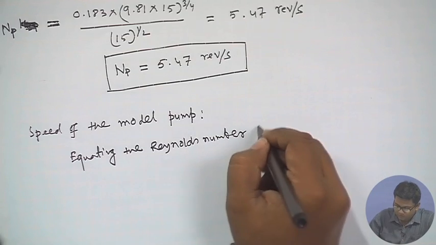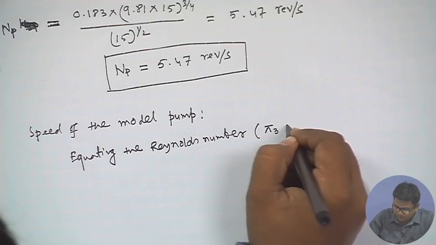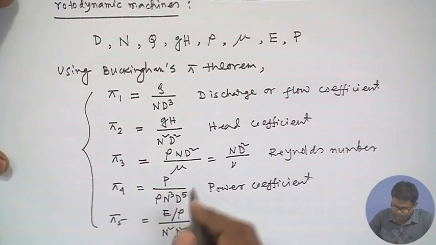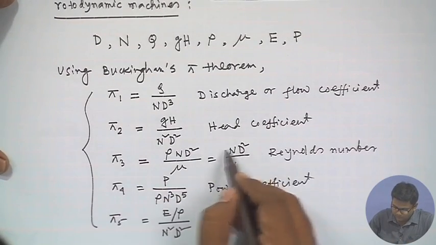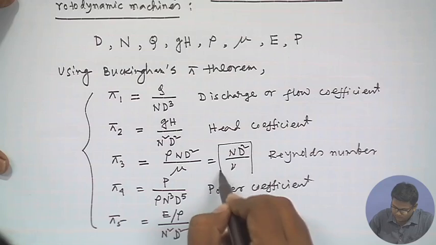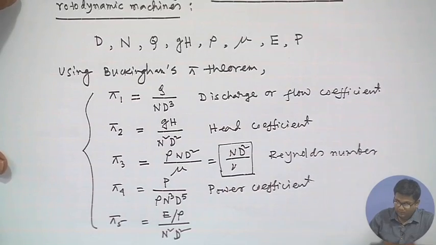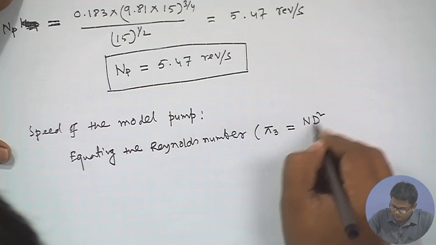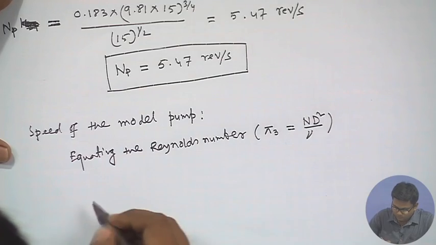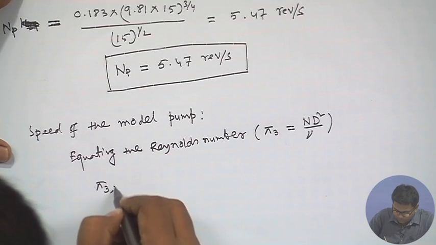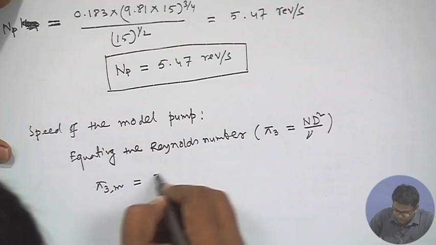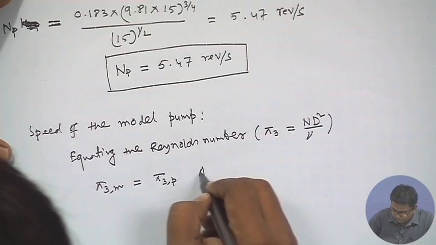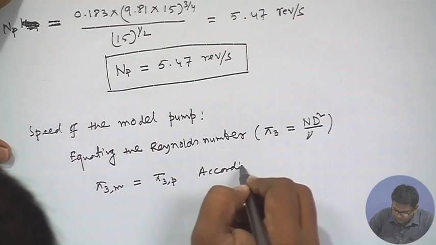Reynolds number is nothing but the pi 3 term that we have previously obtained. So, this is n d square by nu. So, pi 3 of the model will be equal to pi 3 of the prototype according to the principle of similarity.